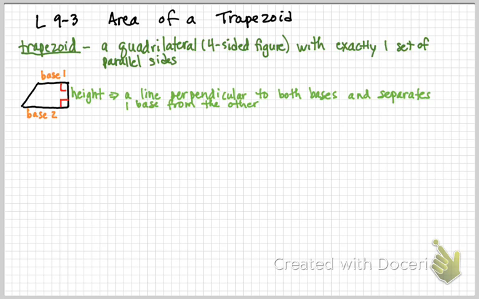Okay, so if you notice this guy, he would not be a height because he's not perpendicular to the bases. But I could draw another height, excuse me, just like that. Okay? So the height could be inside your base, or it could be aside if it is a right trapezoid.